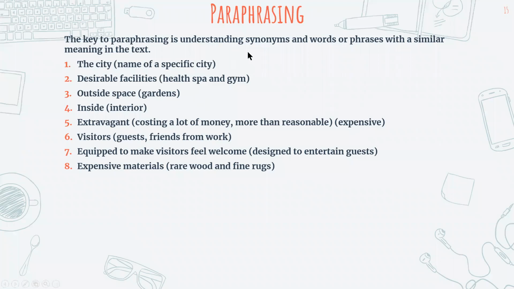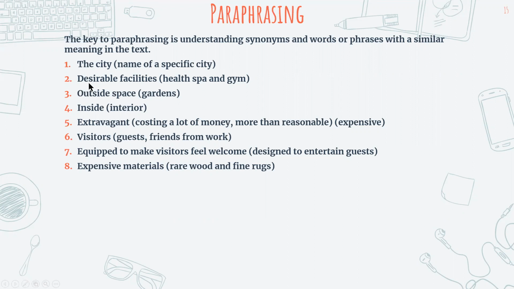The key to paraphrasing is understanding synonyms and words or phrases with a similar meaning in the text. For example, the question could be asking you about the city. In the context of the text, it could mean a name of a specific city, Cairo, London, Sydney, and so on.